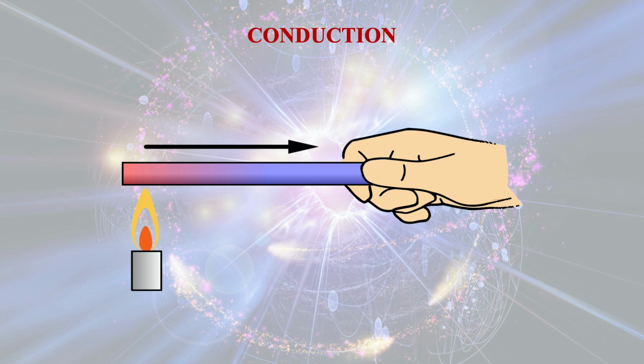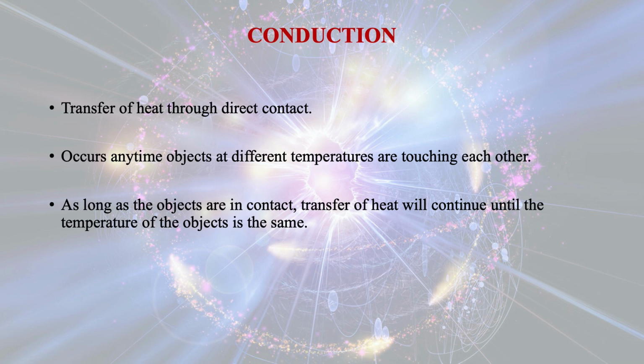Now, for conduction as a mode of heat transfer, the transfer of heat through direct contact occurs any time objects at different temperatures are touching each other. As long as the objects are in contact, transfer of heat will continue until the temperature of the objects is the same.